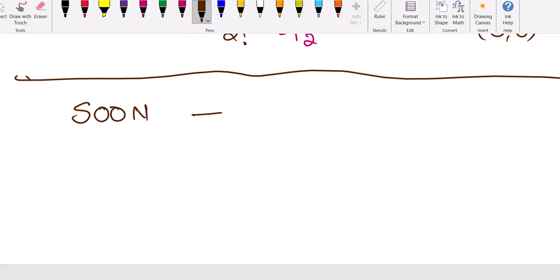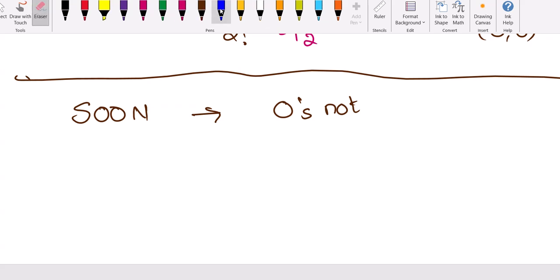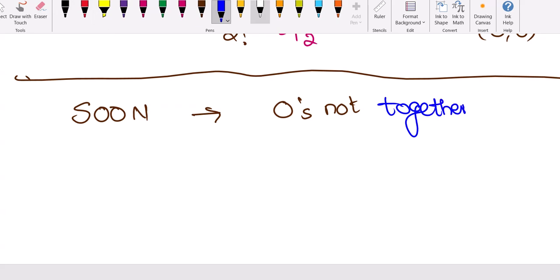Soon, here also the O's are not together. Now, first what I said, remaining consonants should be our shortcut, then we'll show literally all those arrangements. First I have to arrange the S and N consonants. Two consonants, how many ways? 2 factorial, 2 ways.